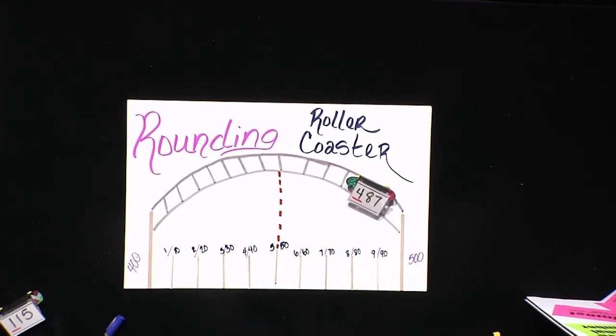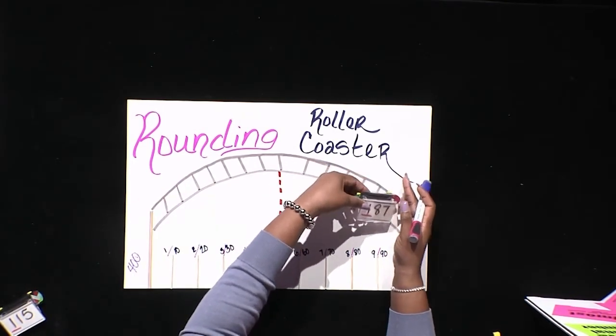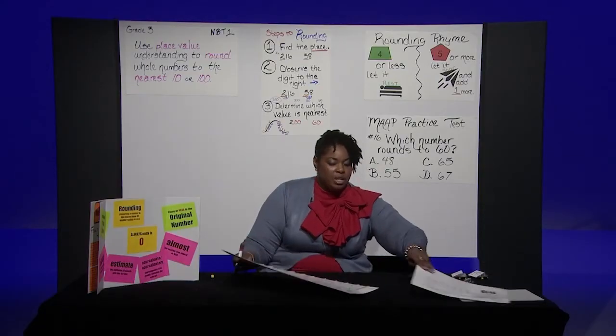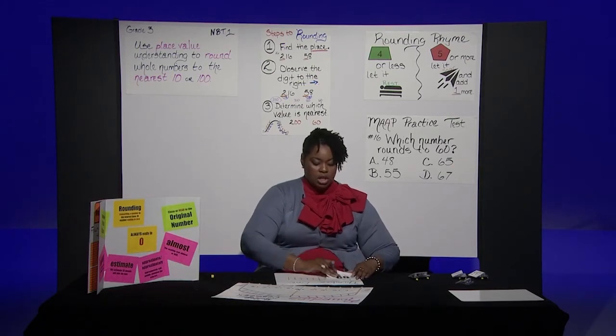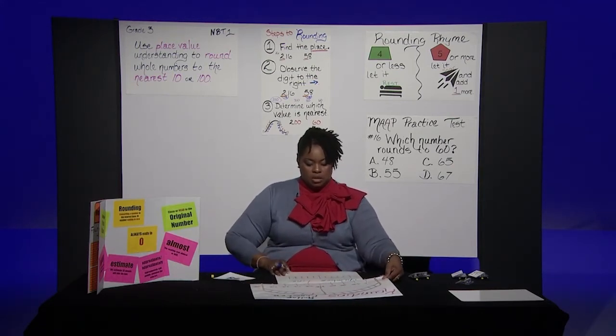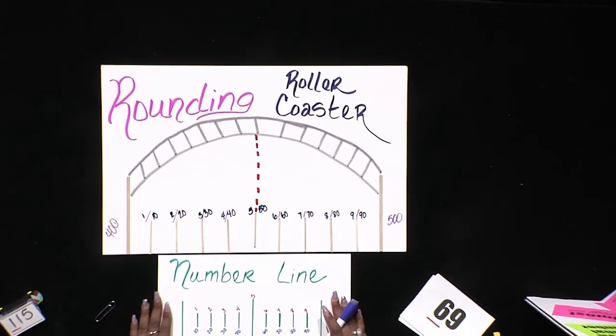So you may say, well, Miss Johnson, I don't have a roller coaster in my classroom. How am I going to do this at school or at home or when it's time to take my test? Well, that's easy. I want you to look at our roller coaster in here.